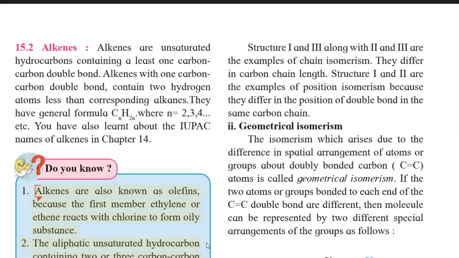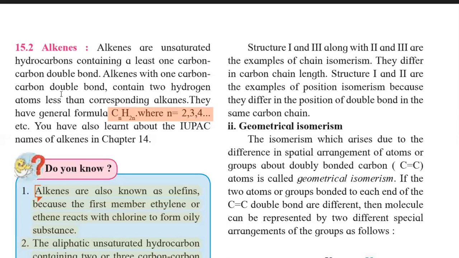So alkenes have the general formula CnH2n, where n is the number of carbon atoms and n starts from 2. That is, a minimum of 2 carbon atoms are present in a carbon-carbon double bond containing compound.